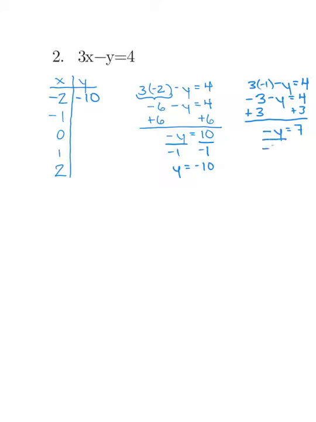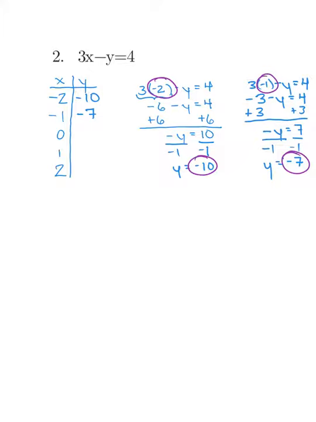And then I want to divide by -1, giving me y equals -7. And so I will report that in my chart as well. When x equals -1, y equals -7. Similarly for -2 and -10. Okay, that takes care of our second point.